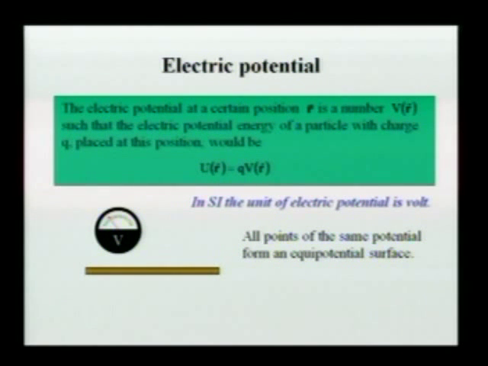Now, potential has the same property as potential energy. Think about gravitational potential energy. Where is gravitational potential energy 0? In other words, at what location do we assign it? Is it, let's say, on this floor or the floor up?